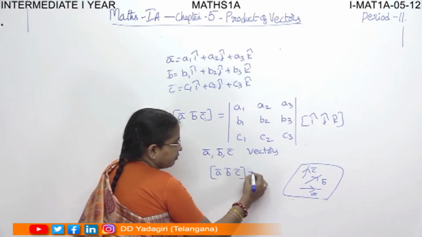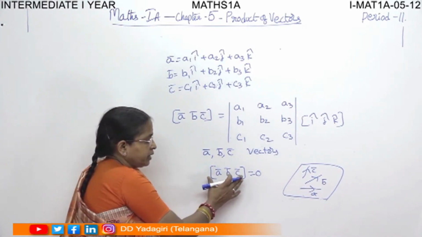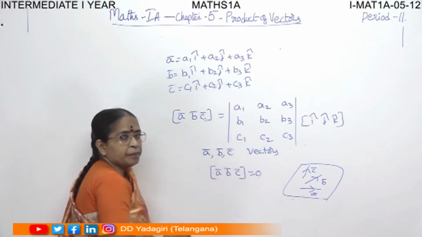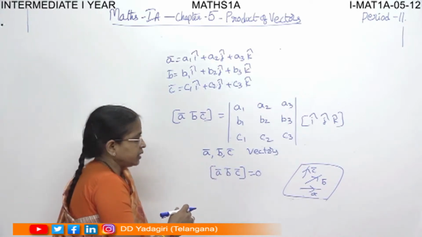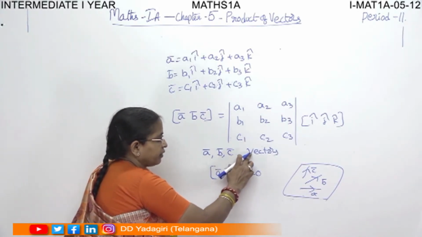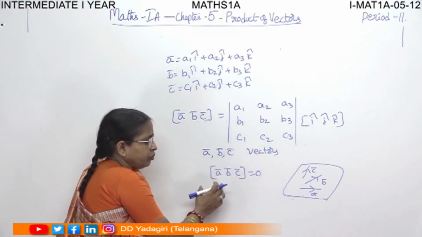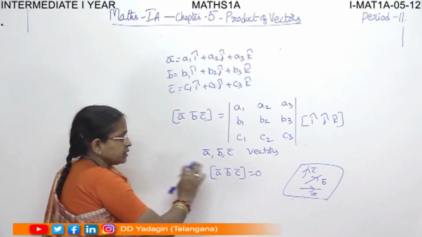Then box ABC value is equal to 0. So the converse is also true. That means if the box product is 0, then A, B, C are coplanar. They lie in the same plane. So the theorem states that vectors ABC are coplanar if and only if box ABC is equal to 0. This is the theorem.